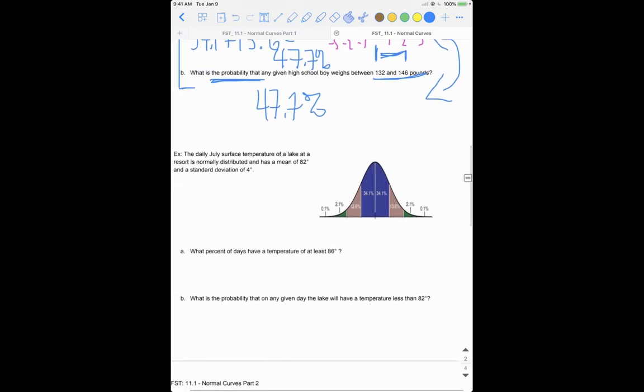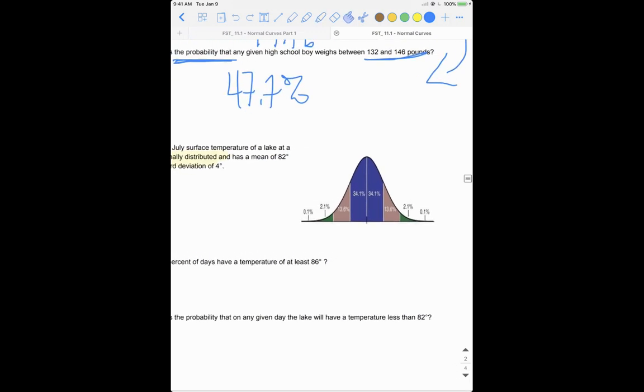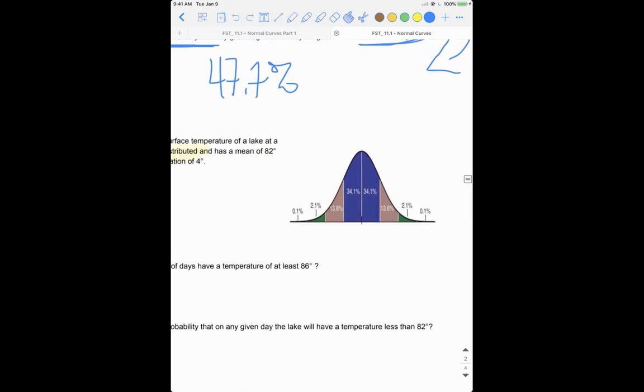Another example. The daily July surface temperature of a lake at a resort is normally distributed, with a mean of 82 degrees and a standard deviation of 4 degrees. First we recognize that it tells us it's normally distributed. That means we can use our bell-shaped curve and our percentages. Let's draw out what's going on.